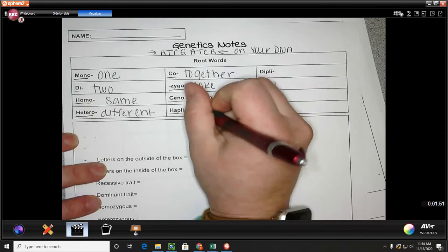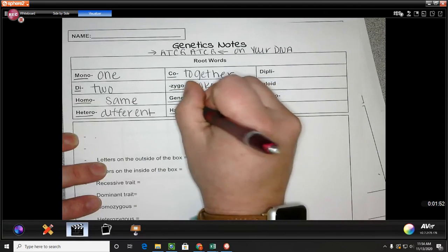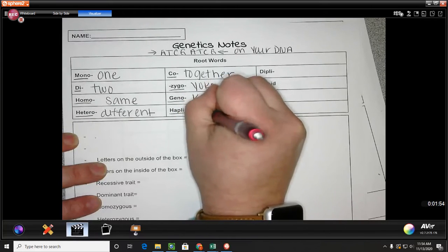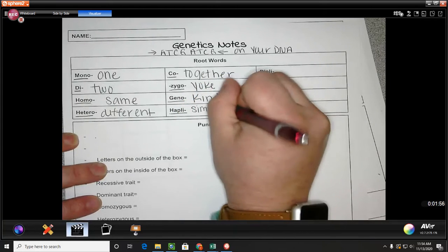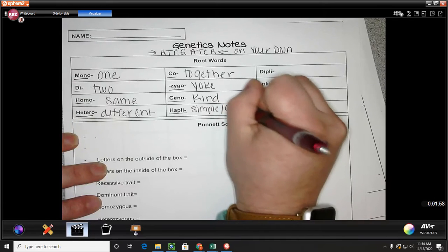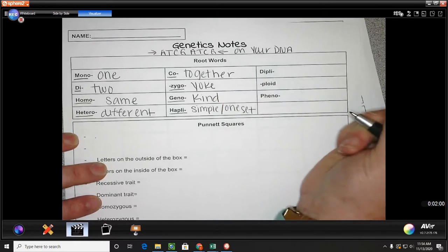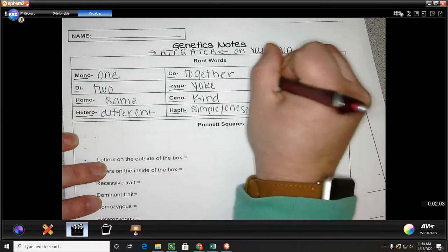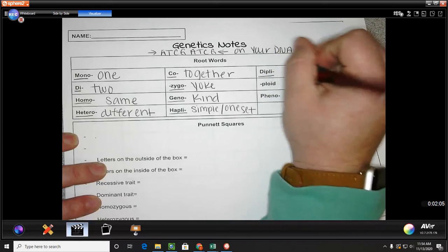Hapli means simple or one set. Dipli means double.